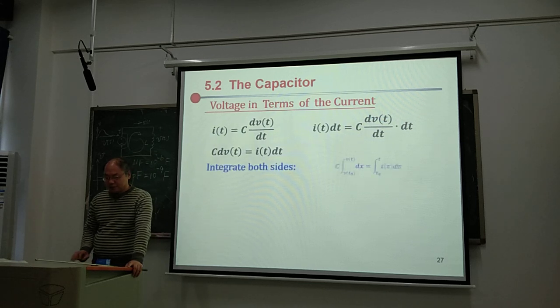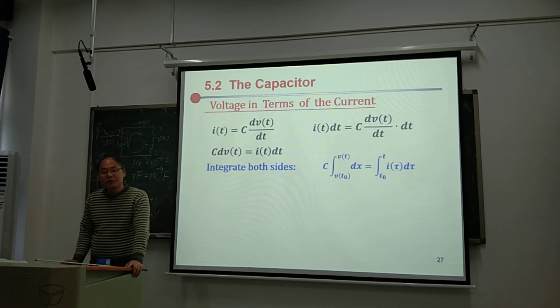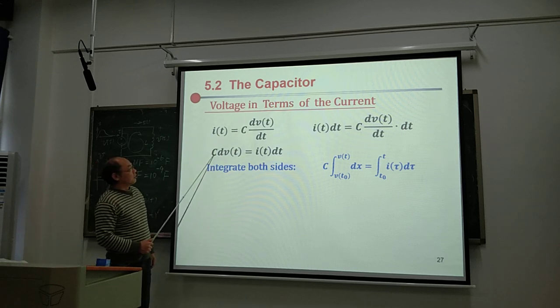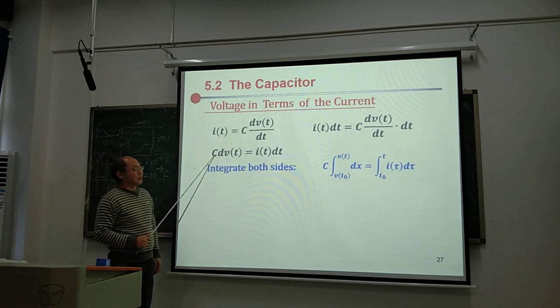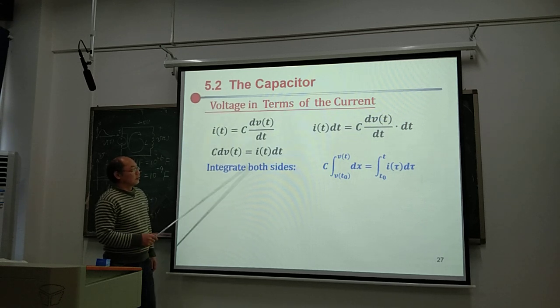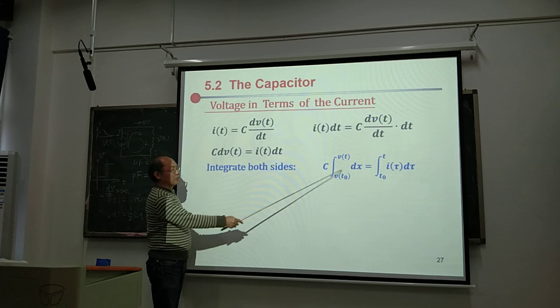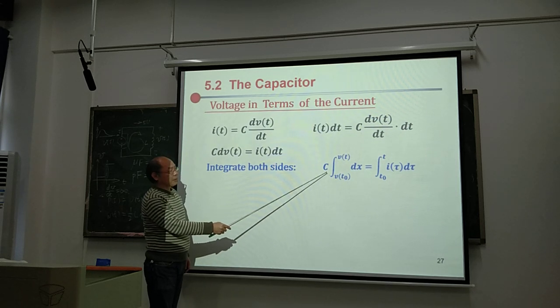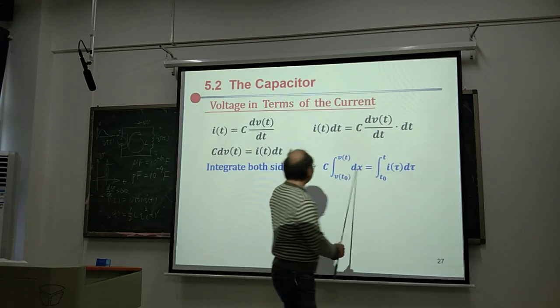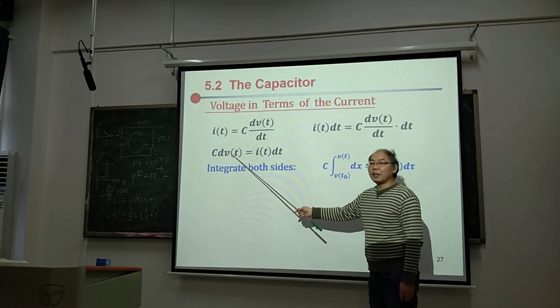So we integrate both sides, and we get this. If the capacitance of the capacitor is constant, we can move C to the outside. The variable here is voltage.